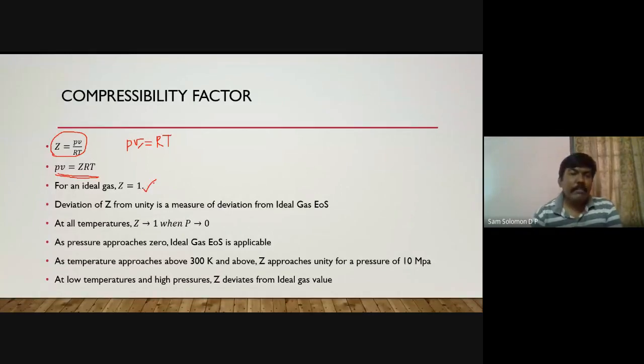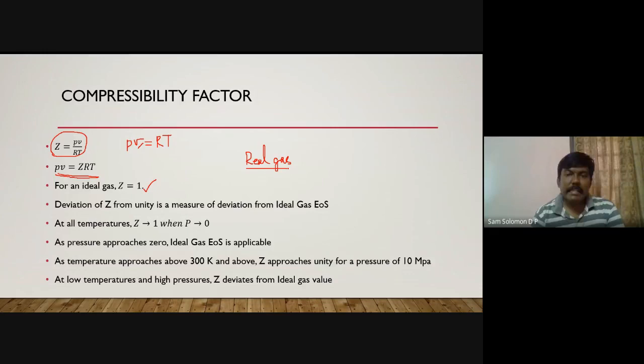So whenever you have a value for Z other than 1, then you can understand that the gas is not ideal, it is a real gas. Maybe a real gas can behave like an ideal gas. Real gas means the gas which we actually take for solving a problem.